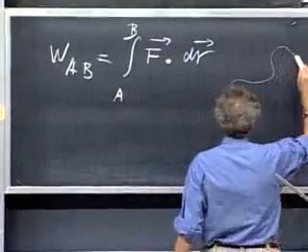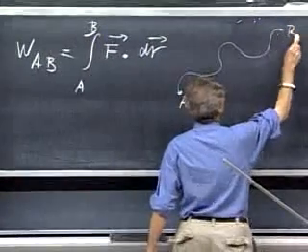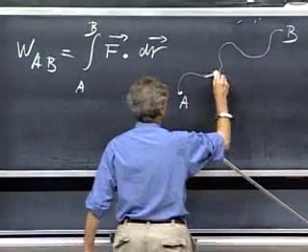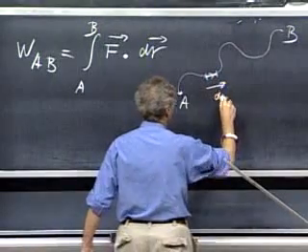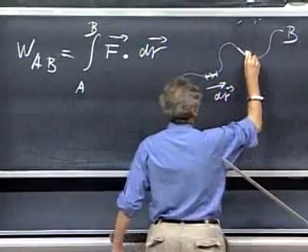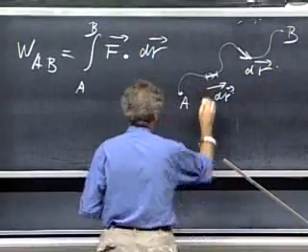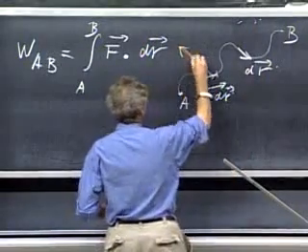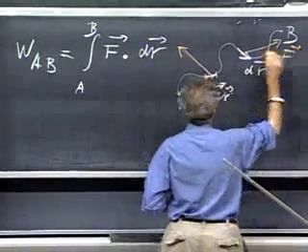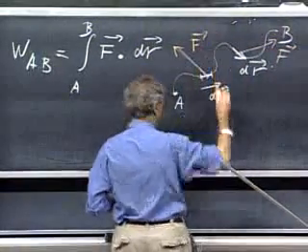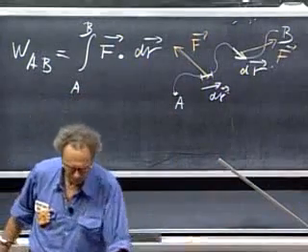So if this is from A to B, then dr here, if you go in this direction, would be the little vector dr, and there that would be a little vector dr. And the force itself could be like this here, and the force could be like this there. The force can obviously change along this path.